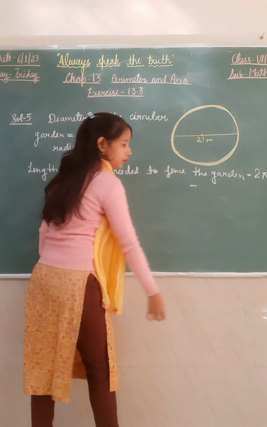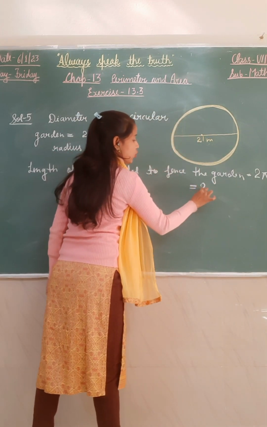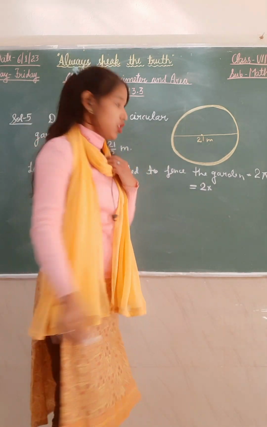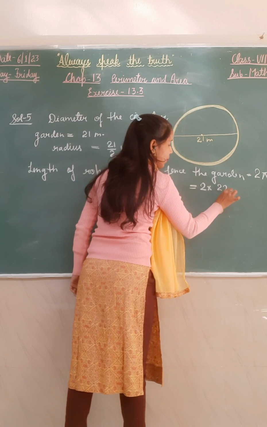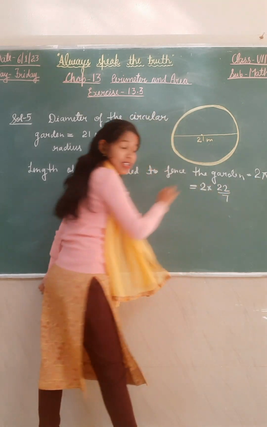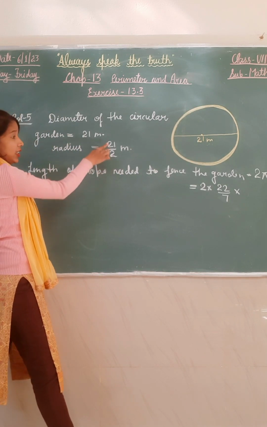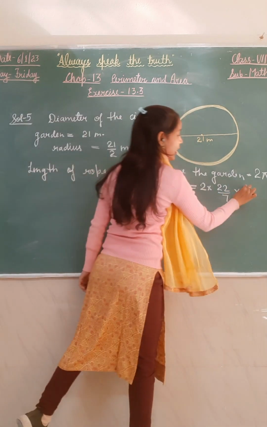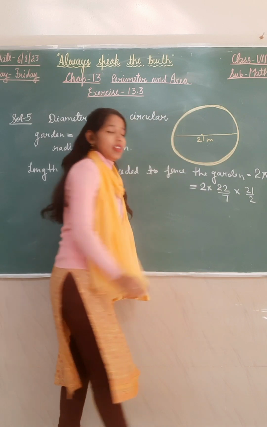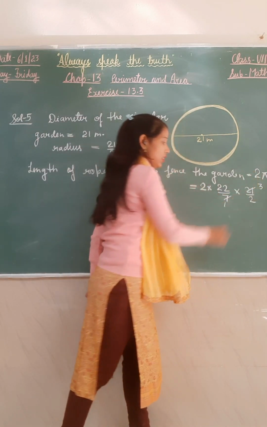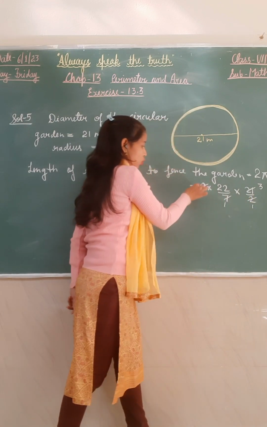So it is equal to 2 into pi. What is the value of pi? Pi is equal to 22 by 7. So the value of pi is 22 by 7 and the radius is 21 by 2. Now 7 ones are 7, 7 threes are 21, 2 ones are 2.